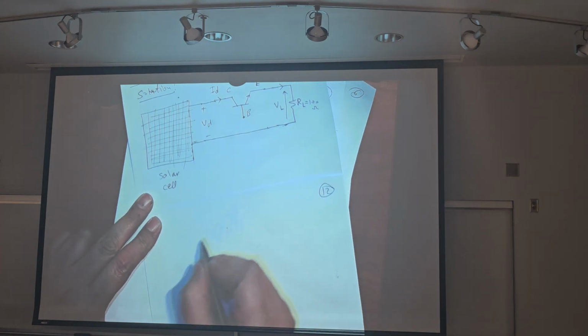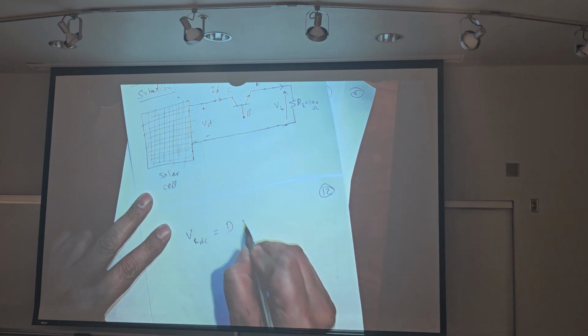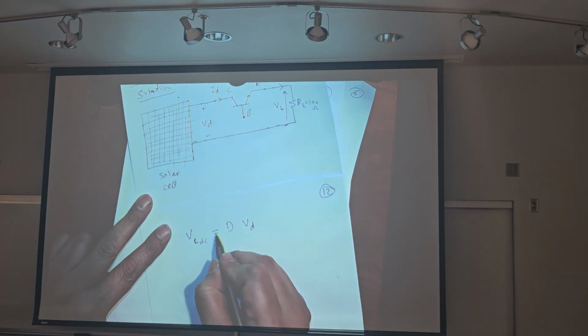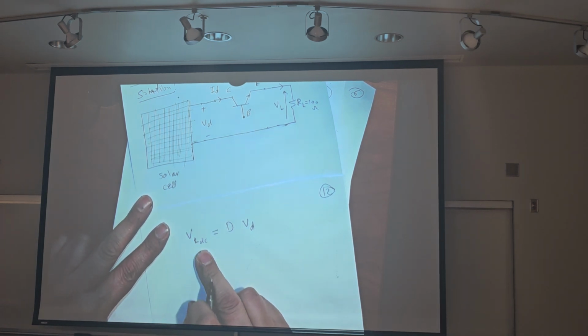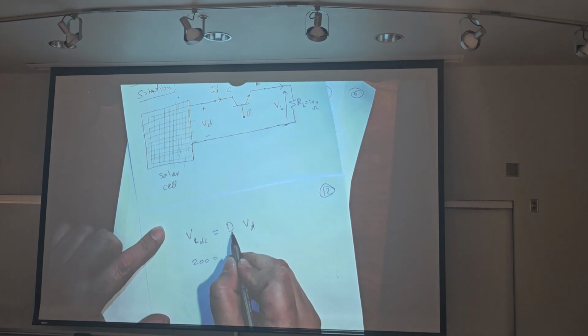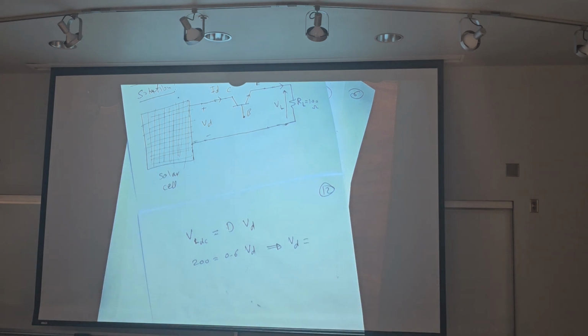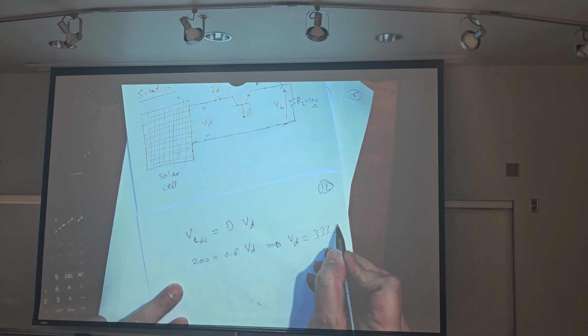So now, the first step, the calculation: V load DC equals duty cycle times VD. V load DC is 200, duty cycle 0.6, so VD equals 333.33 volt.